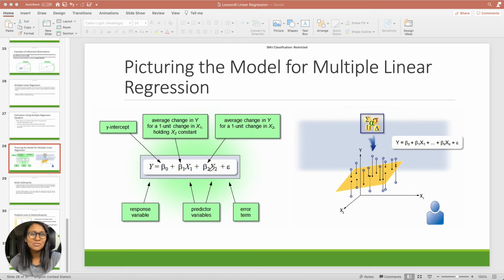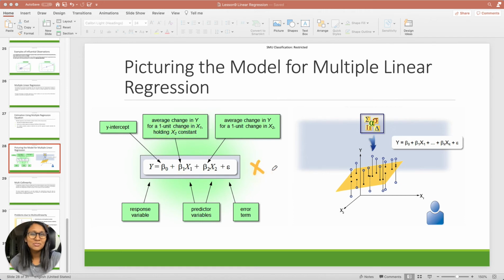In the case of multiple linear regression, you need to extend this a bit. What we actually say is that beta 1 represents the average change in Y for a 1 unit change in X1, holding X2 constant. It's very important.